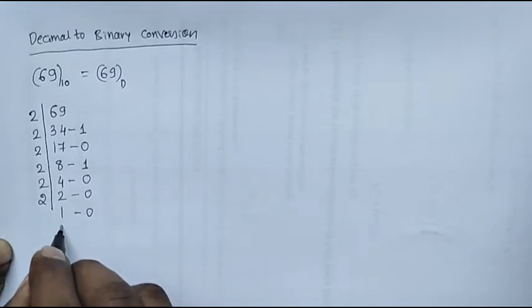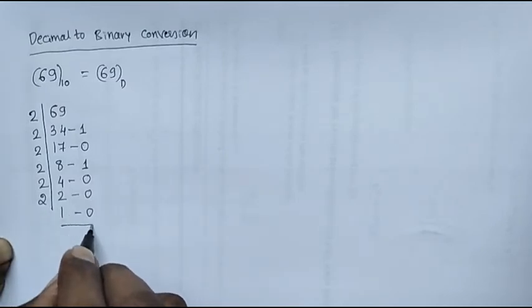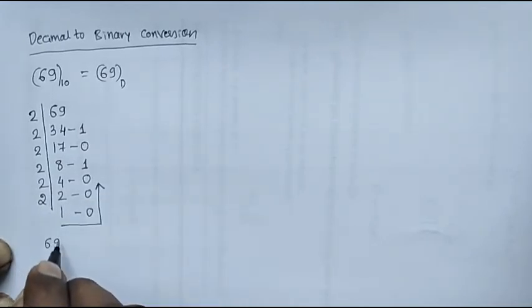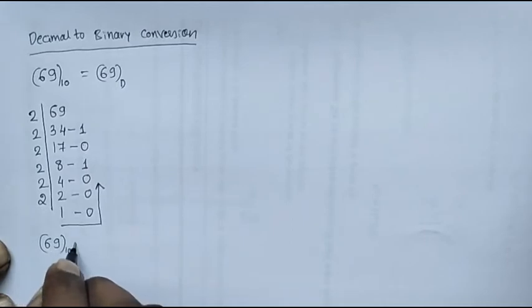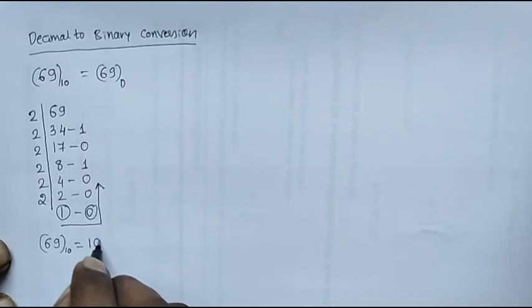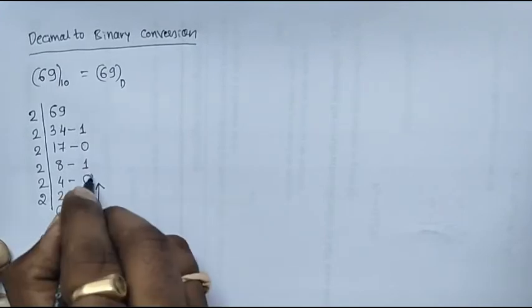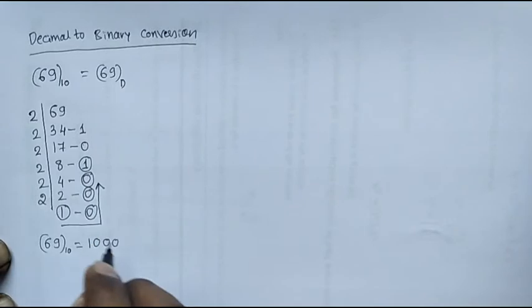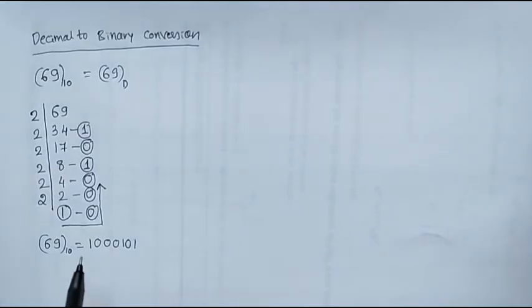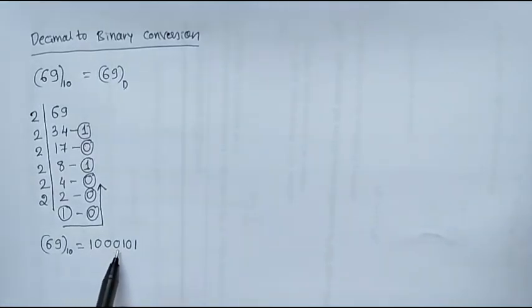Now we can represent the binary number from bottom to top in this order, that is 69, which is in decimal, can be represented as 1000101. Thus 1000101 is in binary, and it is binary representation of 69.